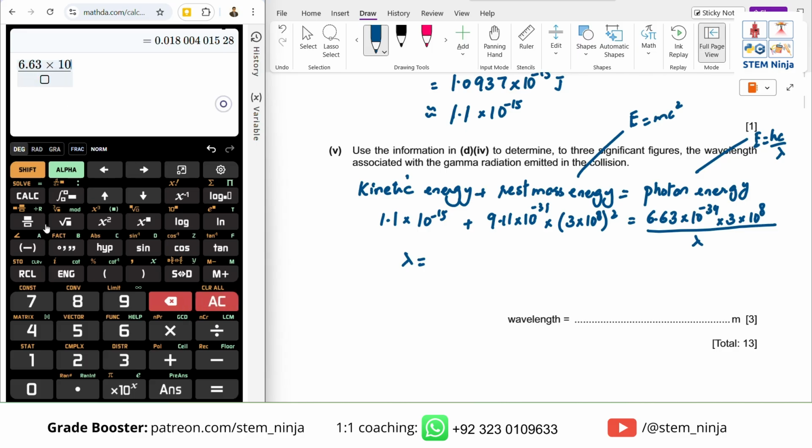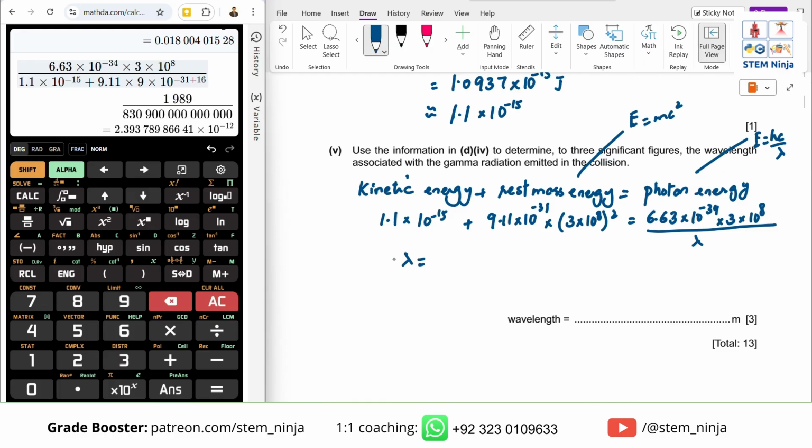6.63 times 10 raised to power minus 34 times 3 times 10 raised to power 8, and 1.1 times 10 raised to power minus 15 plus 9.11 times 9 times 10 raised to power minus 31 plus 60.